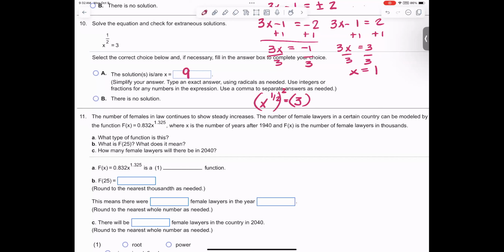And 1/2 times 2 is 1. So we get x equals 9. And that does check. The square root of 9 is equal to 3.